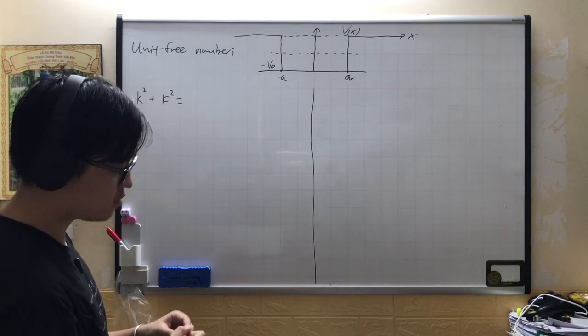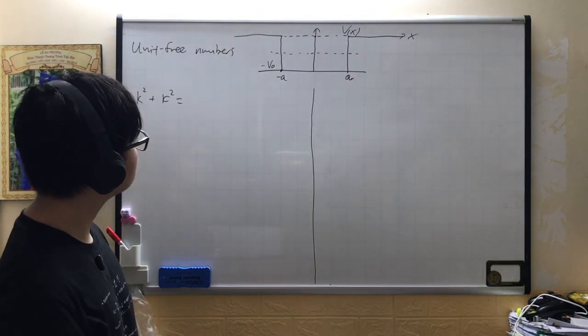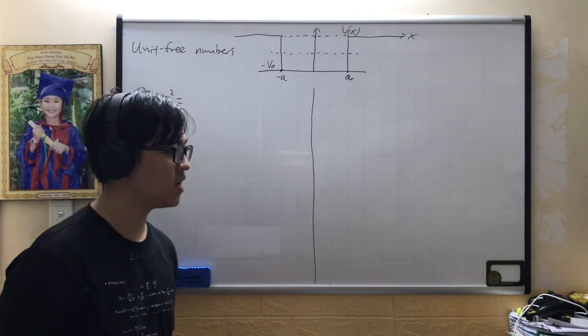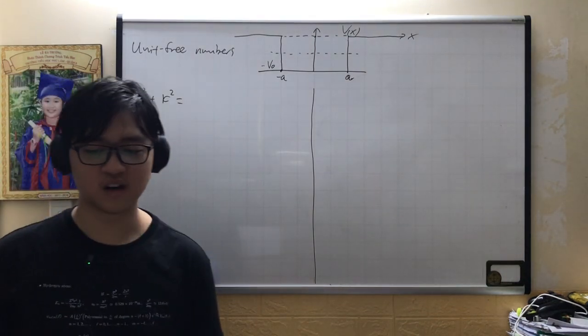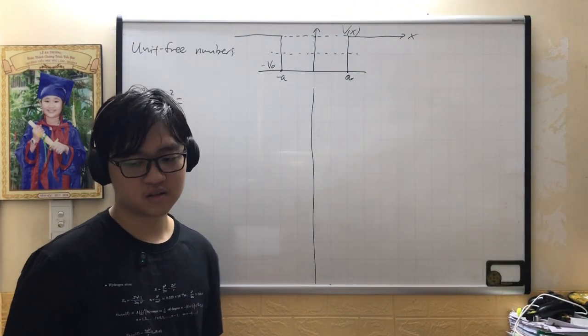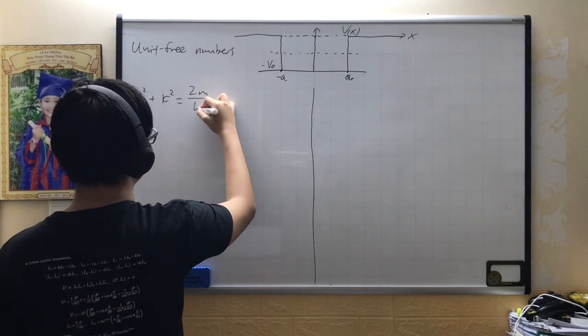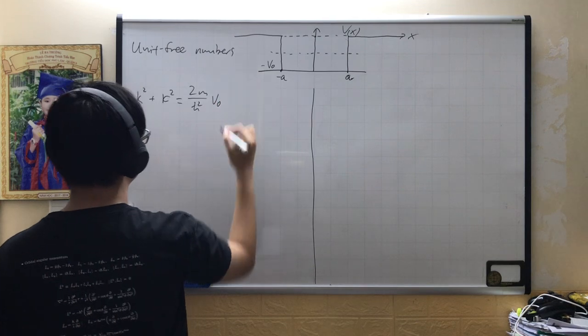What would you get? What would get eliminated here? Both have E, but only the inside part got the V naught. So the sum would be 2m over h bar squared, with just V naught.